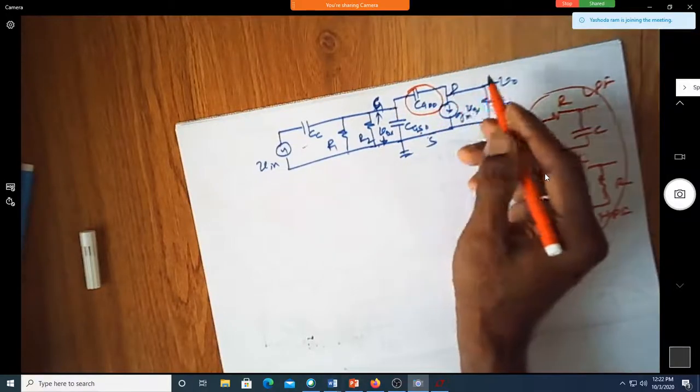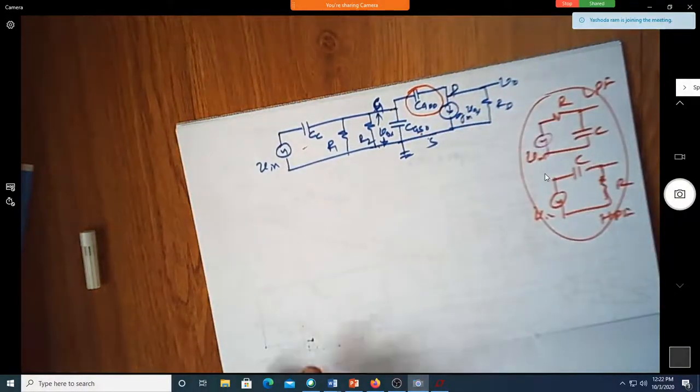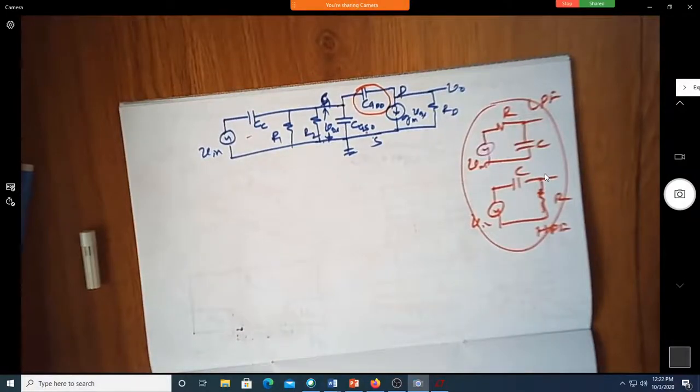So whenever you have a component which is not grounded, where one of the terminals is not grounded or not connected to input, it is a bit difficult to handle in circuit analysis.